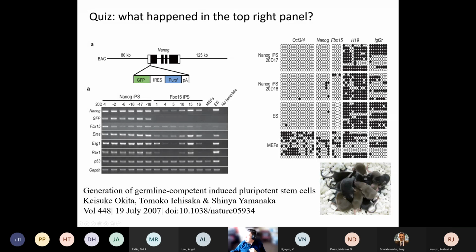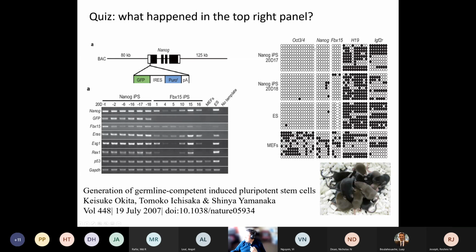Each circle indicates one CpG, and the different circles indicate different CpGs within that promoter. I couldn't count here how many you have, but you can appreciate there are many CpGs in the CpG island.